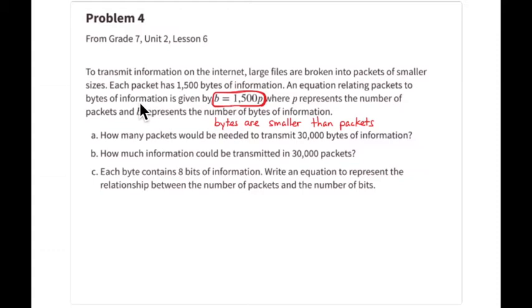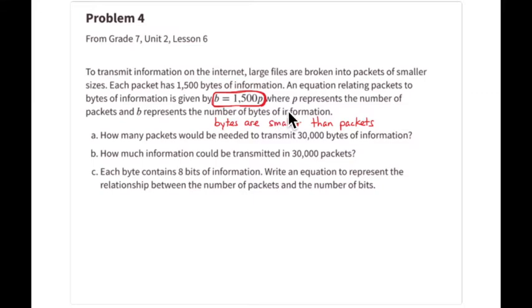And so the equation that relates those two pieces of information is that the number of bytes is equal to 1,500 the number of packets, because if I have one packet, I have 1,500 bytes of information. So P represents the number of packets, and B represents the number of bytes.